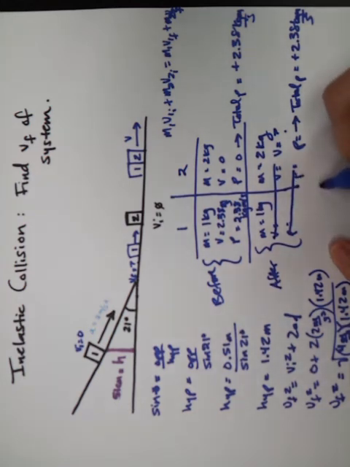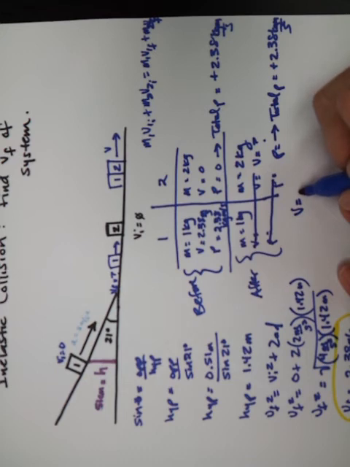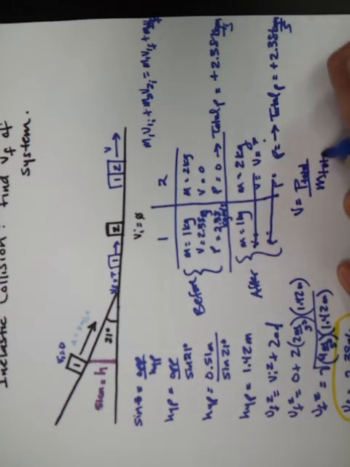So to find V, we say V equals P over M. Now this is the total momentum of the system after, and we're also looking at total mass, and it's the final velocity of that system.